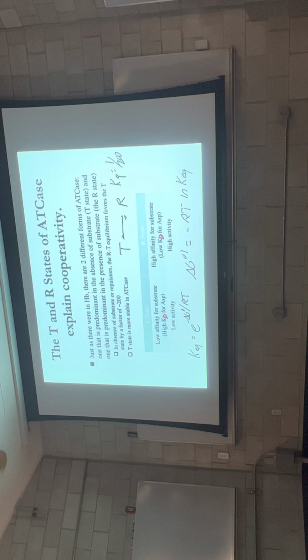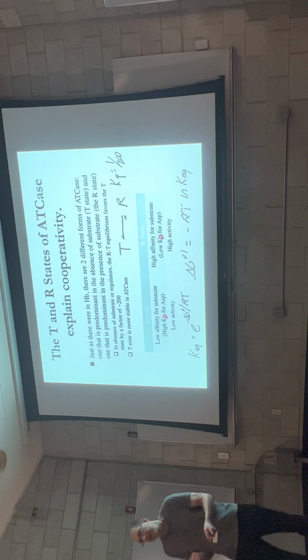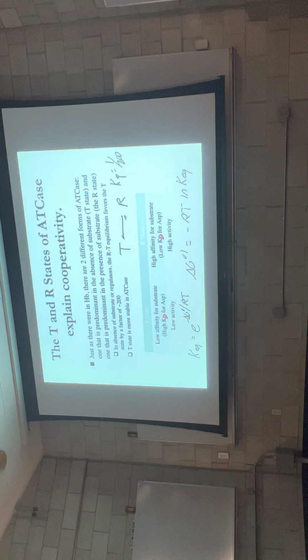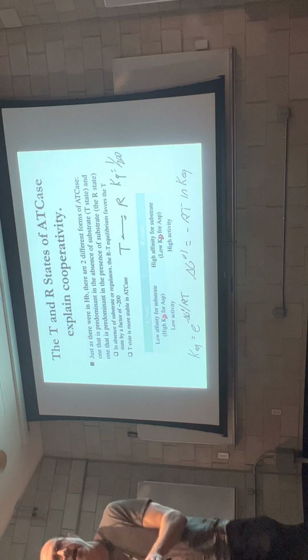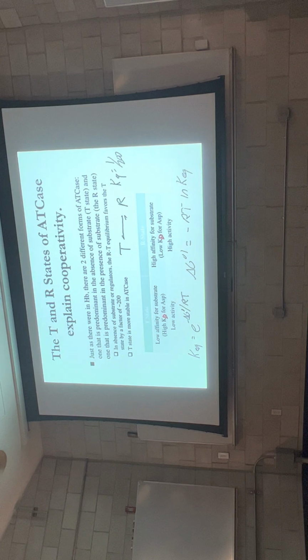So this is where we left off on Thursday. We were talking about ATCase and the two different conformations that it exists in. In the absence of a high enough concentration of substrate that can actually bind to the enzyme, it is going to overwhelmingly be favored in the T-state conformation.